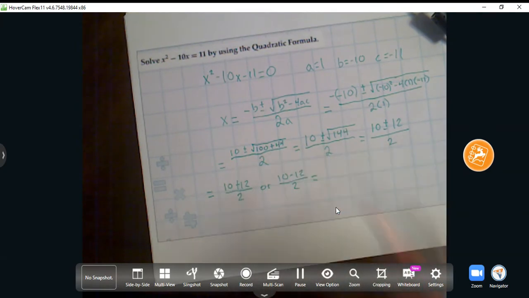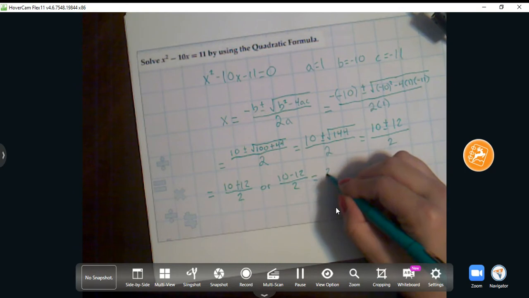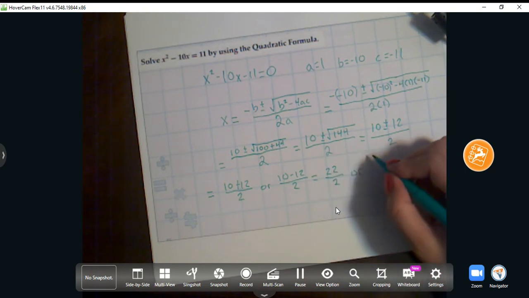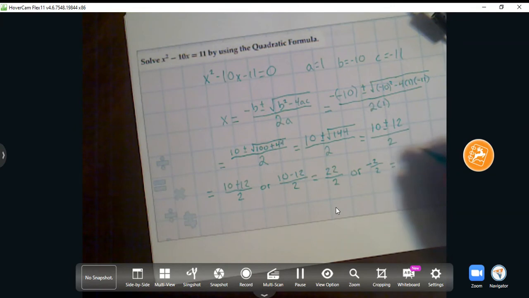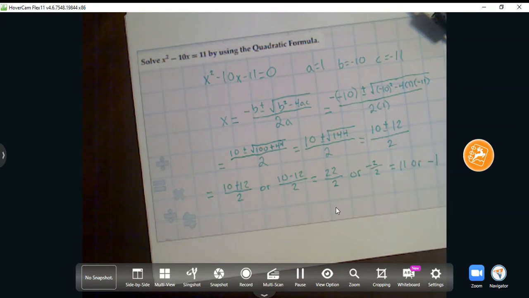So 10 plus 12 is going to give us 22 divided by 2. 10 minus 12 is going to give us negative 2 divided by 2. So we're going to get a positive 11 or a negative 1. And those would be my 2 answers.